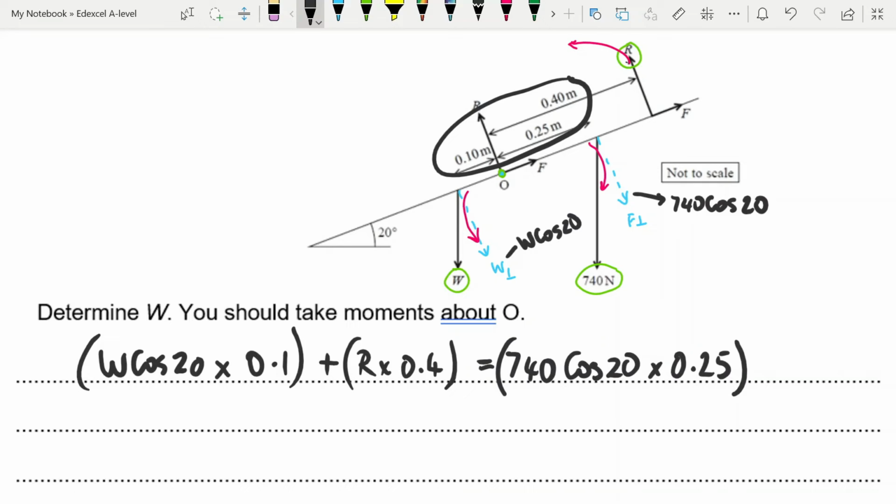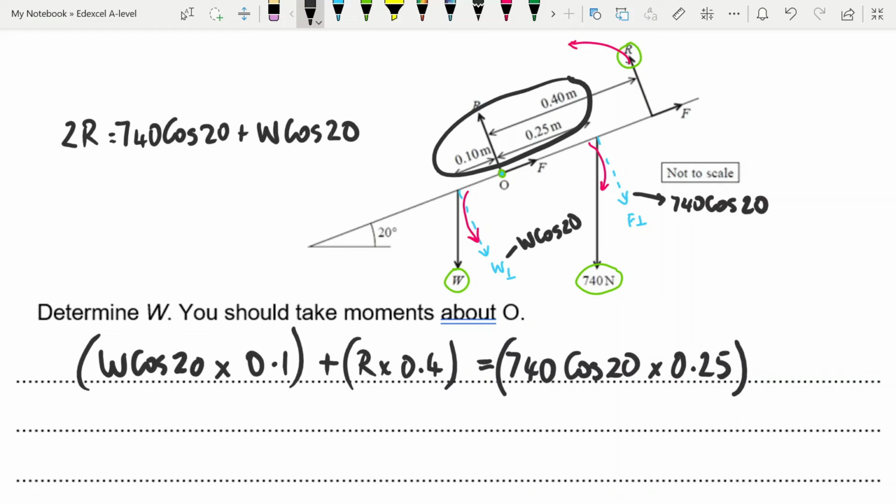But this was the purpose of the first part of the question. We know that 2 times R is equal to 740 cos 20 plus W cos 20. So we can say that R is equal to that divided by 2, or multiplied by 1/2.